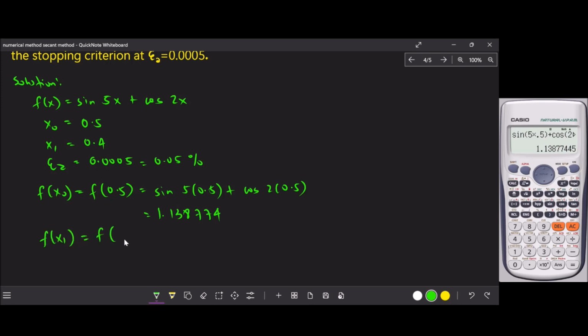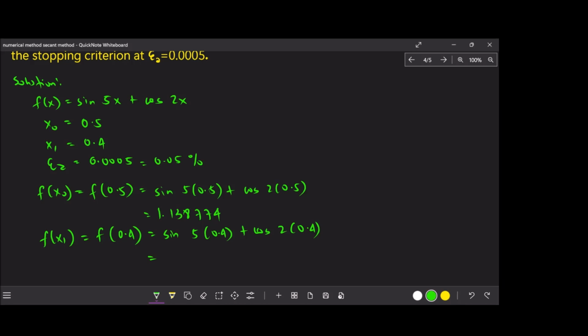This will be f of 0.4. Just substitute that here: sine of 5 times 0.4 plus cosine of 2 times 0.4. This will be equal to 1.606004. We store this one in B, since it will be useful later on.